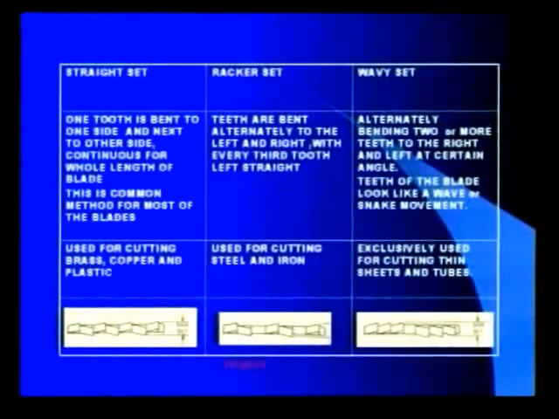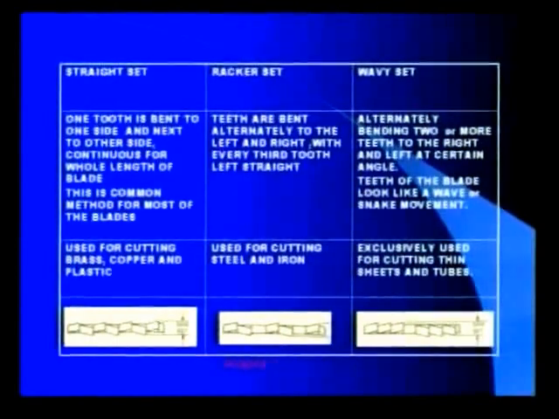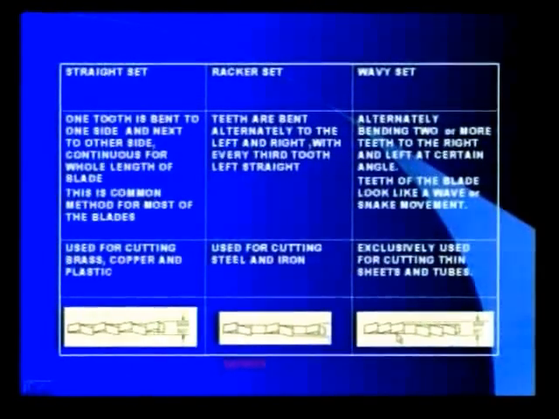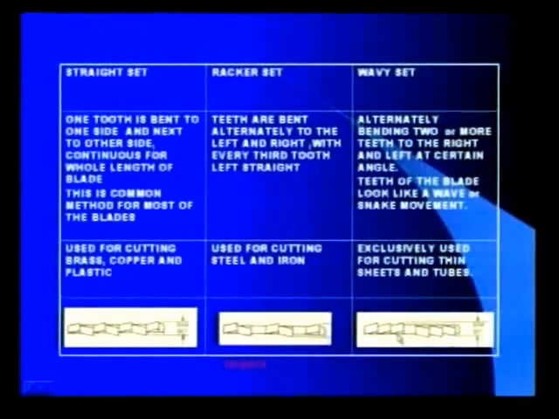In case of raker set, teeth are bent alternately to the left and right with every third tooth left straight. In case of wavy set, alternately bending two or more teeth to the right and left at certain angle. Teeth of these blades look like a wave or snake movement.